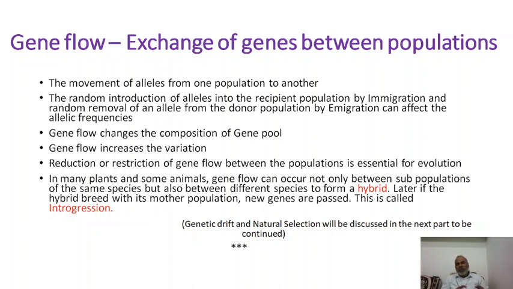In many plants and animals, gene flow occurs not only between two subpopulations of the same species, but also between different, closely related species. If gene flow occurs from one species to another, sibling species that are very closely related, then because of this, a hybrid individual may be formed.